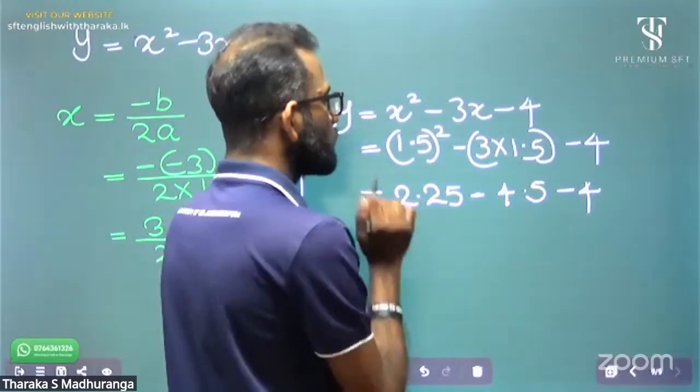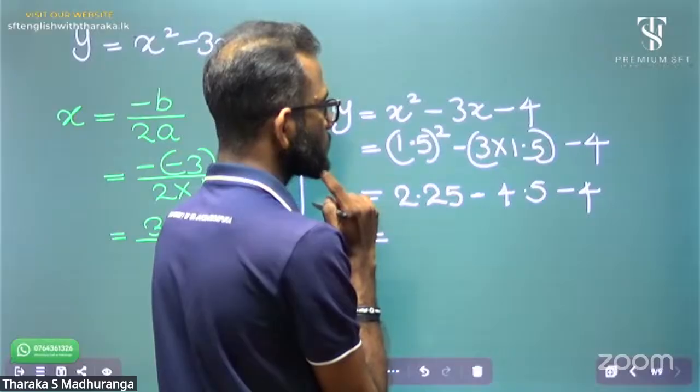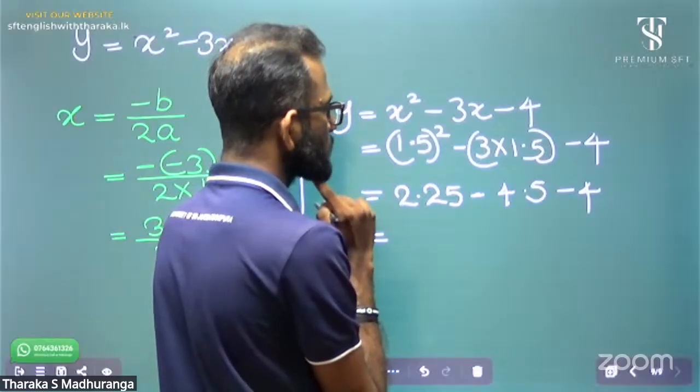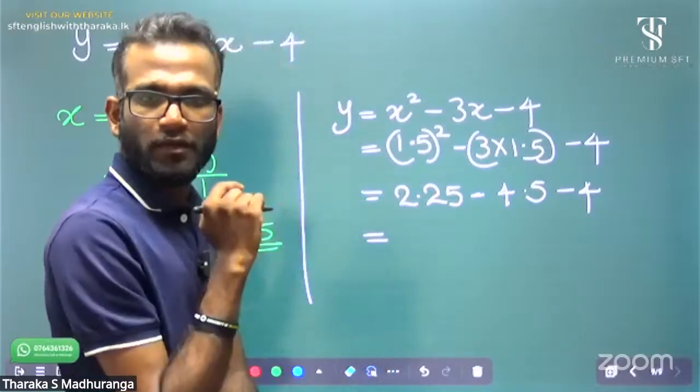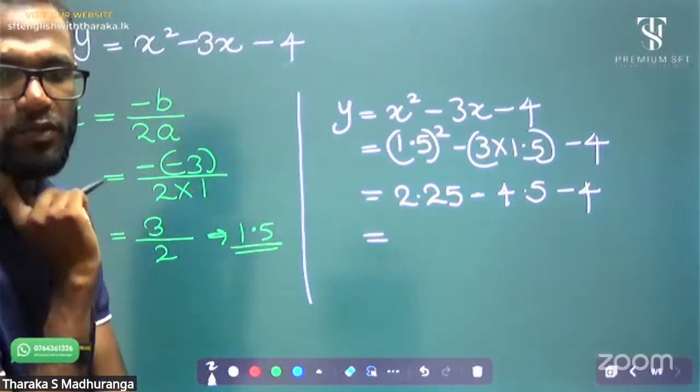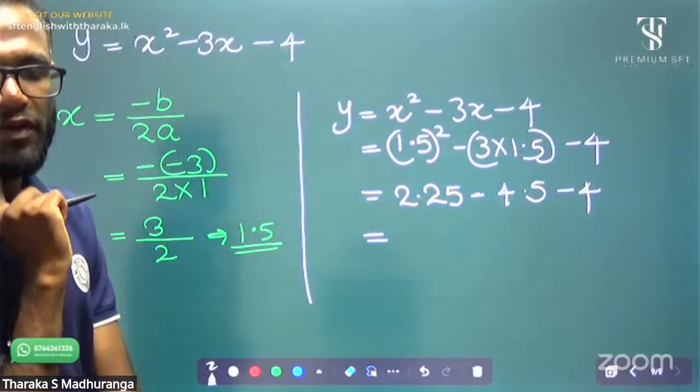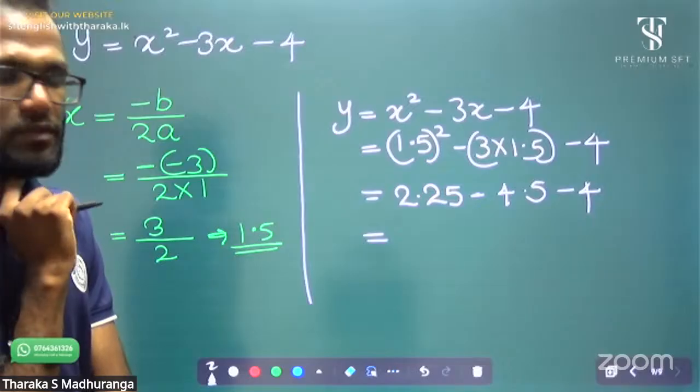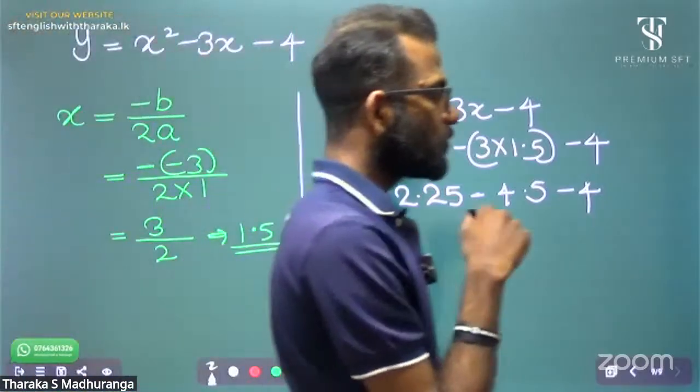Now 2.25 minus 4.5 minus 4. What's the value? Just calculate.